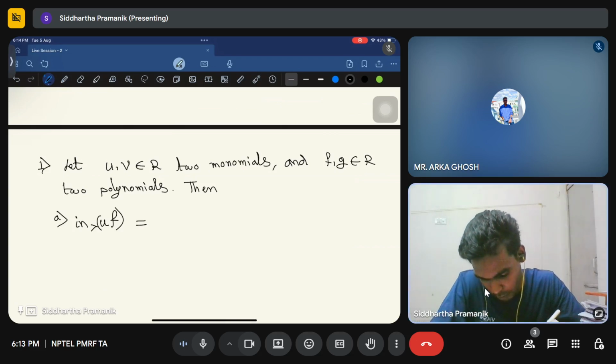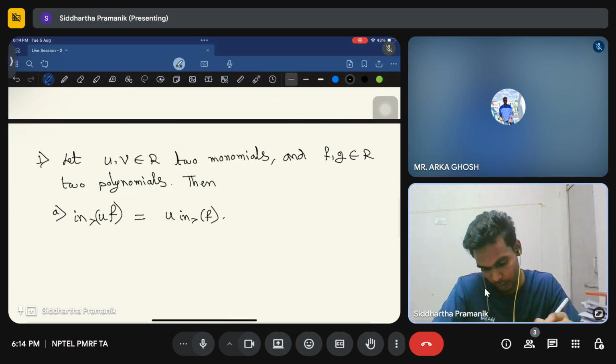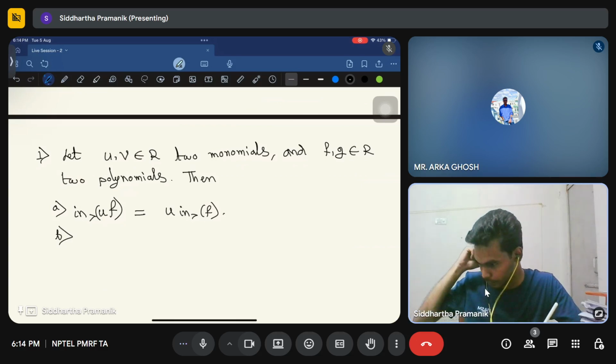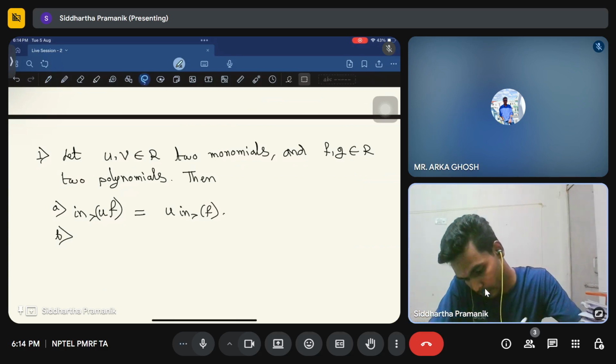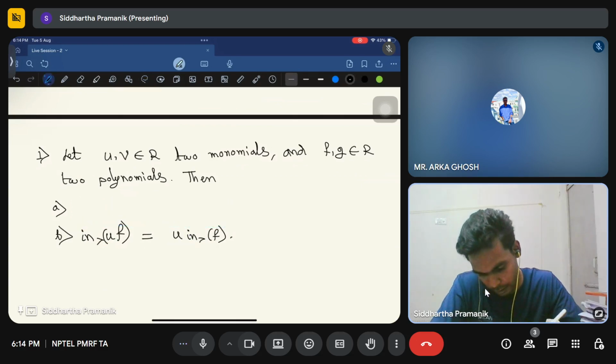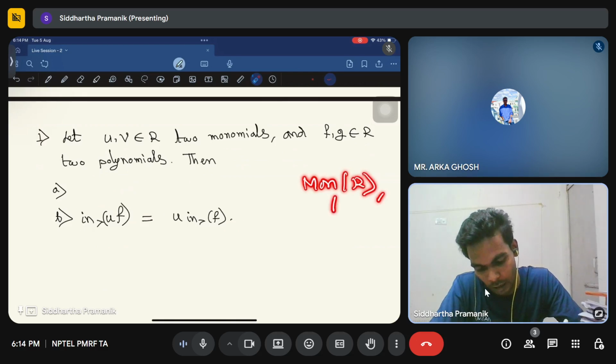So the initial term of u f is basically the initial term of f multiplied with u. That is the first thing. And second, before this I should mention the easier parts. If we take the set of all monomials of R, then there is a partial order relation like the divisibility of monomials.